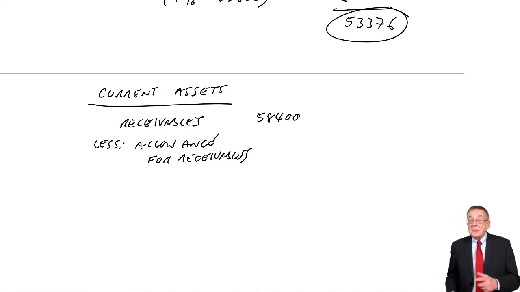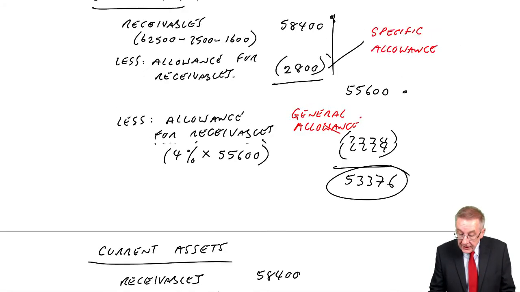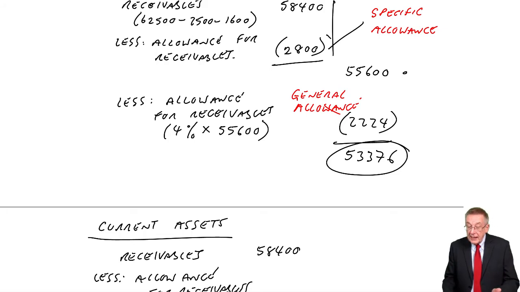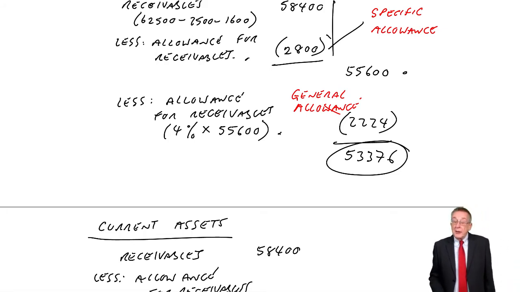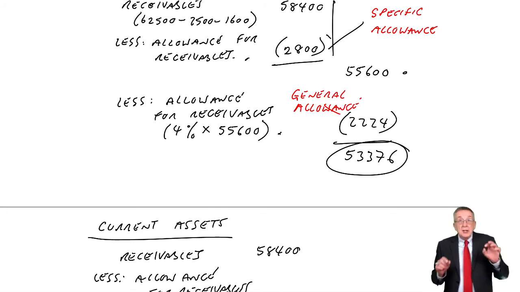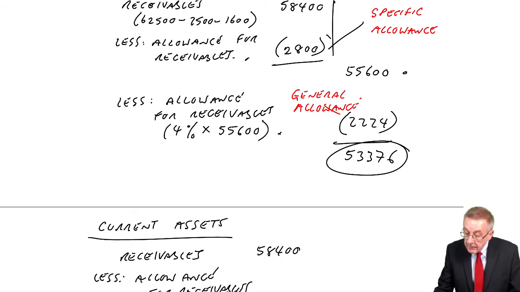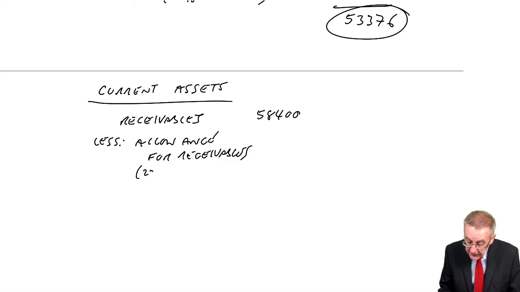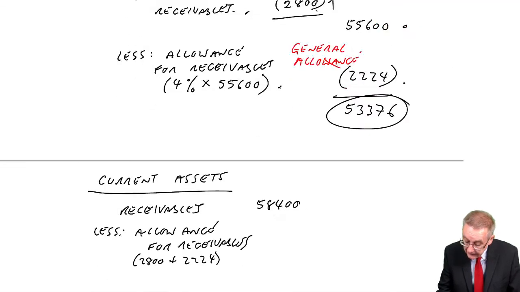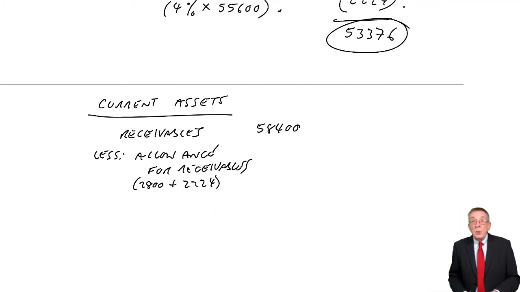However, although there are two separate allowances here, specific and general, on the actual statement, we don't show the two separately. We'll have had to do workings, but we just show the two together as one total. So 2,800 plus 22224, that's just my workings.